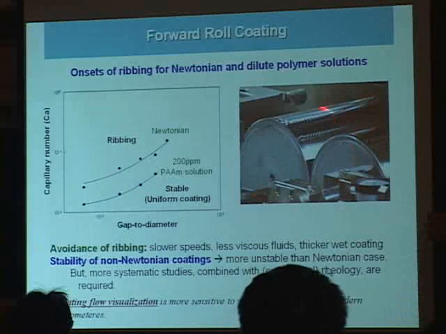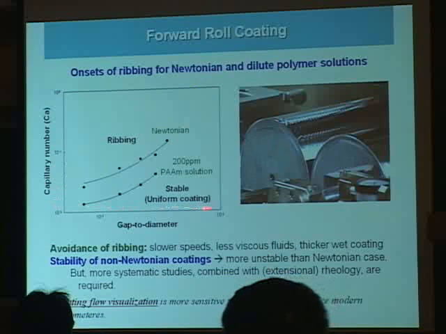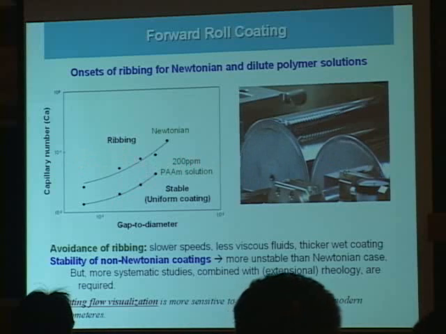As shown in this movie clip, it shows a ribbing cross-directional variation of coating thickness. We established coating windows in the capillary number and gap diameter ratio diagrams for Newtonian liquid and viscoelastic liquid. High capillary number or decreasing gap diameter ratio makes the system more stable.